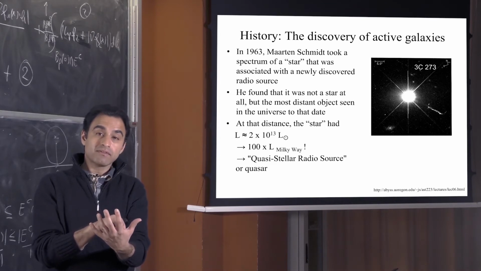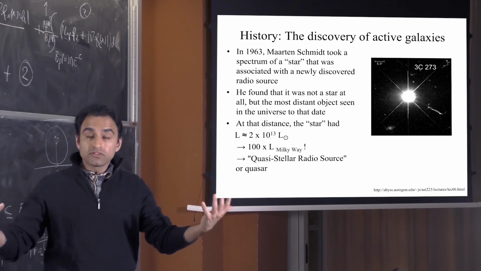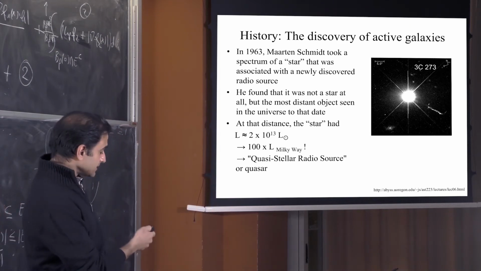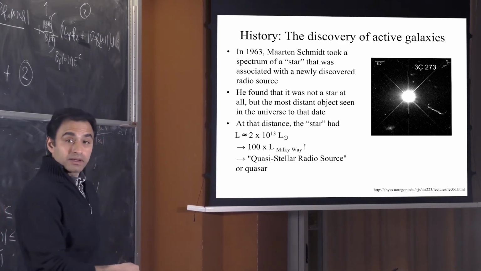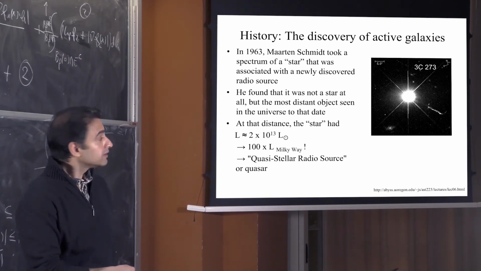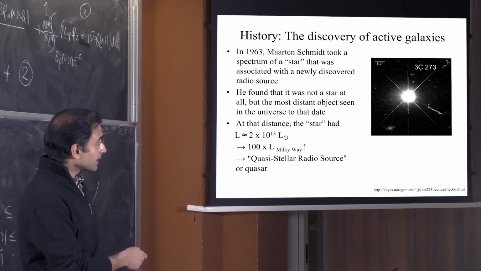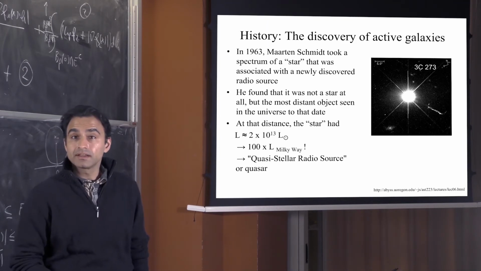And this can be, in some cases, so luminous as to outshine the full background galaxy. In this example, which is directly retrieved from the very first measurements of Martin Schmidt, you can see that this is, in fact, a galaxy, but you cannot see the galaxy. You can only see the bright spot coming from the center.